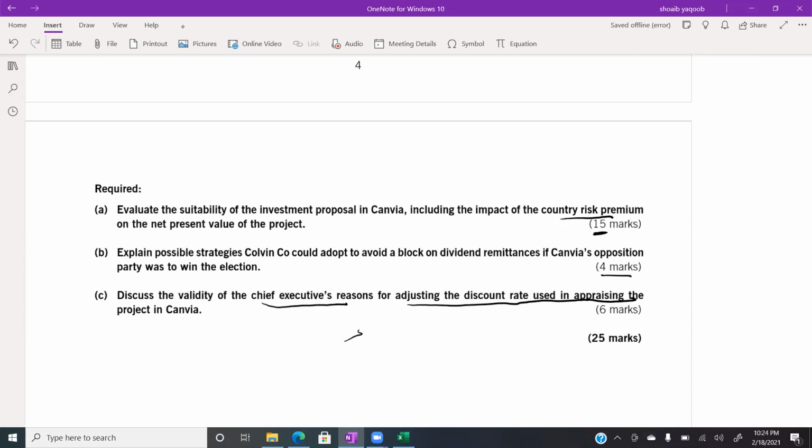So you have to write the pros and the cons of that statement. Understood? You have to write some points in favor of the statement and some points against the statement. If you write the positive and the negative points, that will complete the definition of the word discuss.